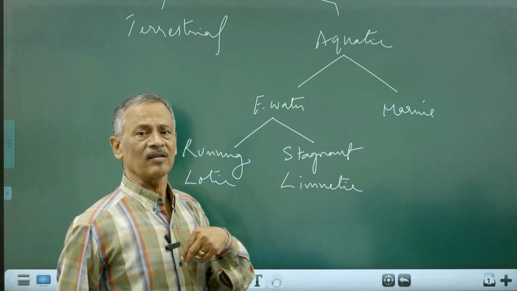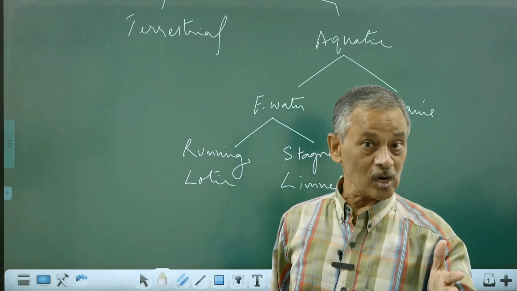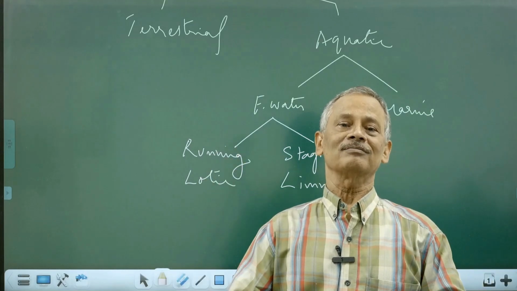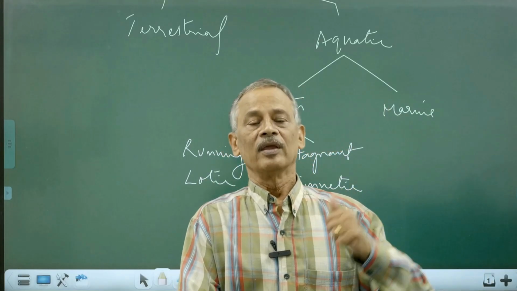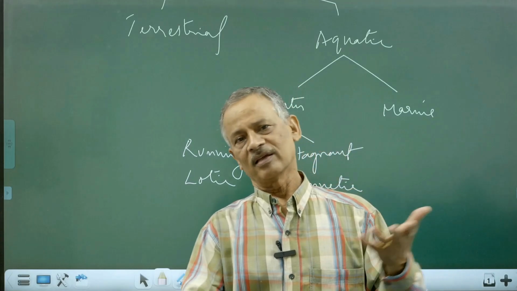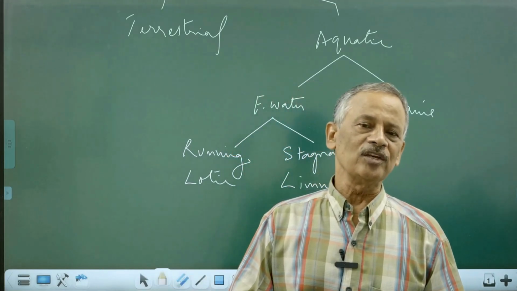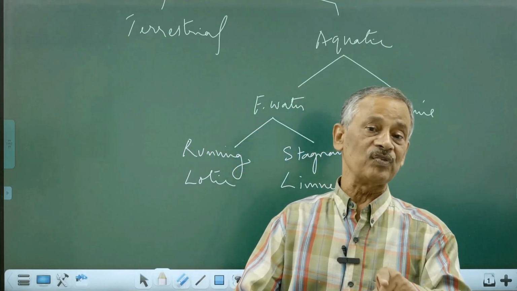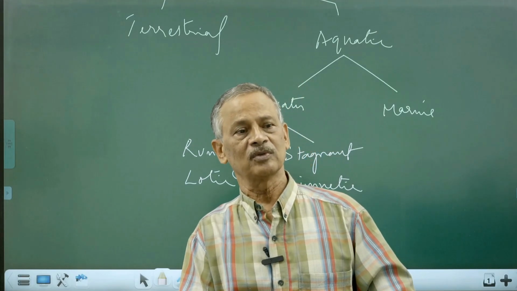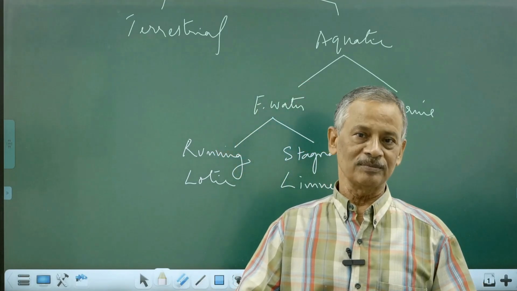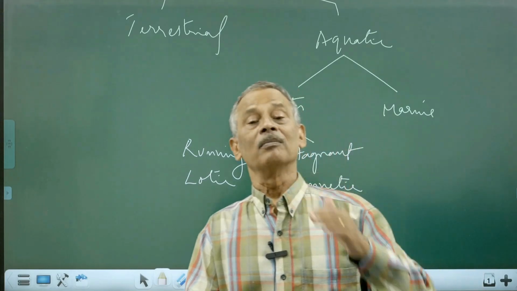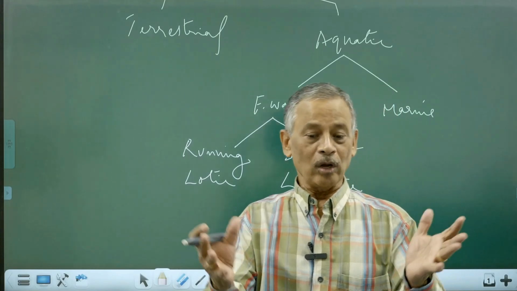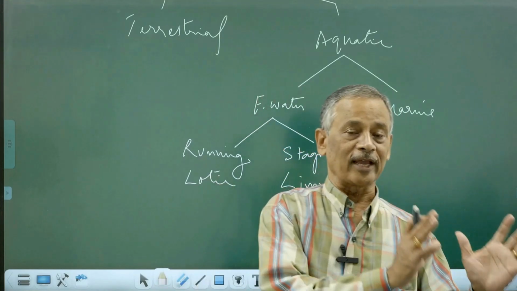Ecosystem can be again classified into a natural ecosystem, which is created by nature, maintained by nature. So, for example, a river, a forest, a grassland, they are created and maintained by the nature. At the same time, you can also have artificial or man-made ecosystems. For example, a farmland, a vegetable garden, or a lotus pond, or an aquarium.